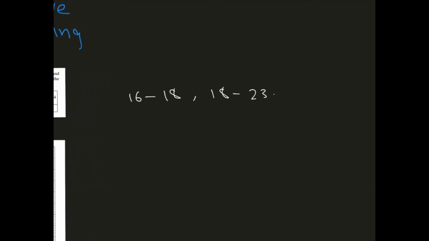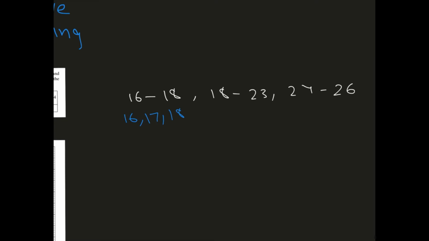So what happens is, let's look at this data set. For example, we have a data set that says the numbers are between 16 to 18, and then the next numbers are between 19 to 23, and then 24 to 26, let's say. Between 16 to 18 inclusive, we have three numbers: 16, 17, 18.